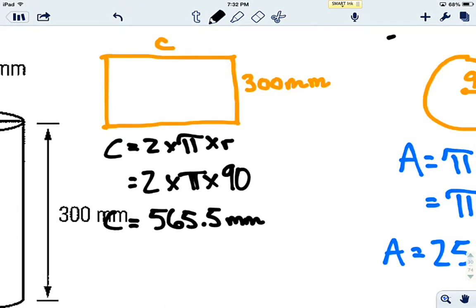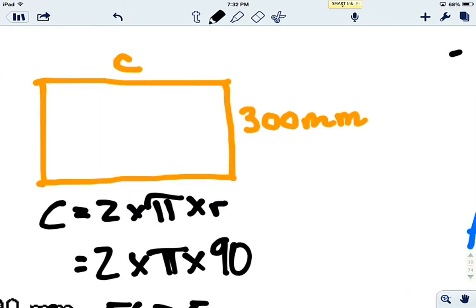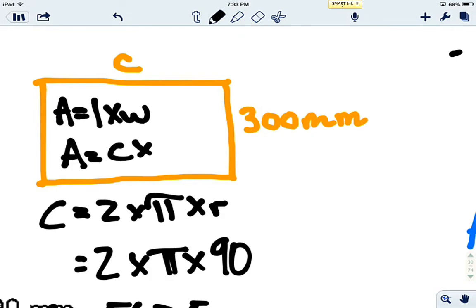Now if I want the area of this rectangle, my area is equal to length times width. If we plug in what we got, the area is equal to C times 300.